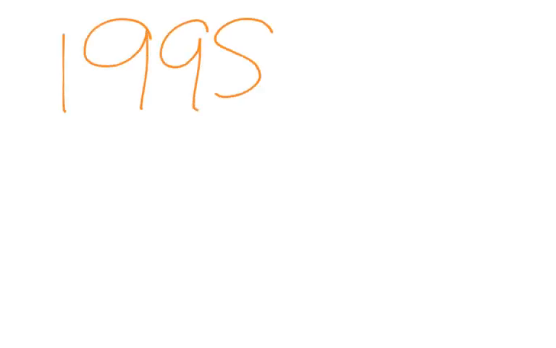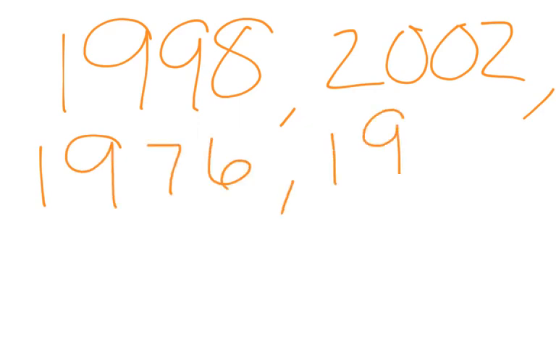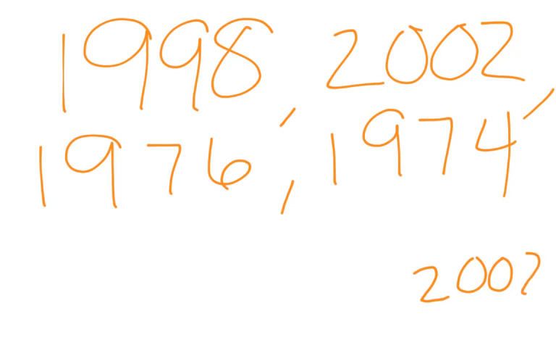Okay? So let's look at these numbers. First thing we're going to look at, remember, is the thousands place. So let me write down these numbers quick so we have a visual. 1998, 2002, 1976, and 1974. So you know 2002 right off the bat is going to be the last one because it's the only one that has a 2 in the thousands place. Everyone else has a 1.